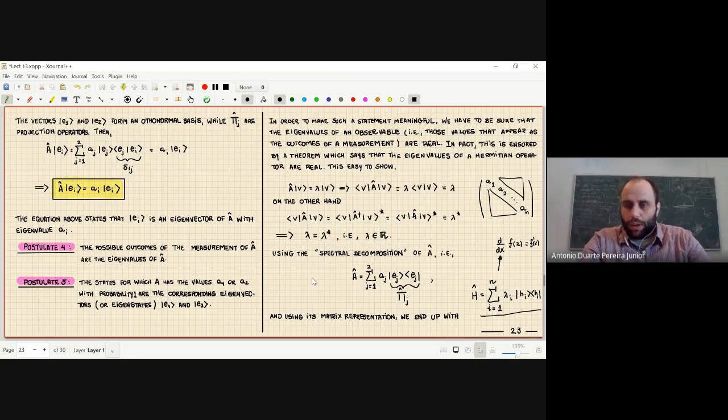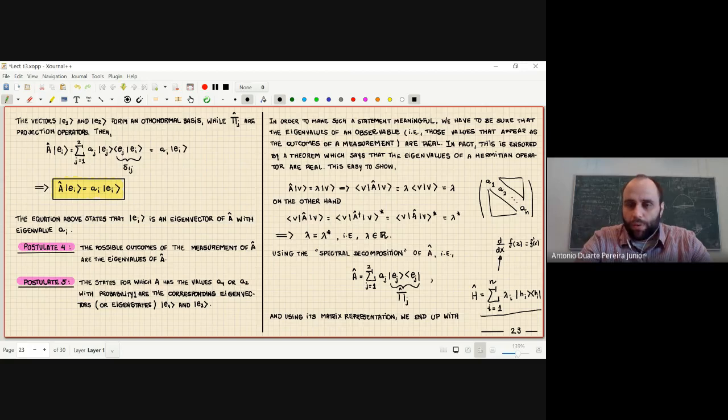Good. Then there is a question by Mahmoud: what if we made more than one measurement on the same state? Is the result the same? If we're measuring the observable A, and the state is an eigenvector of the observable A, then you can measure as many times as you want.